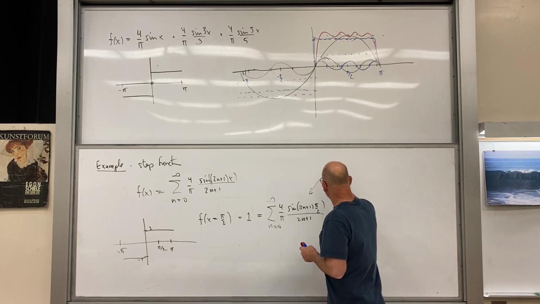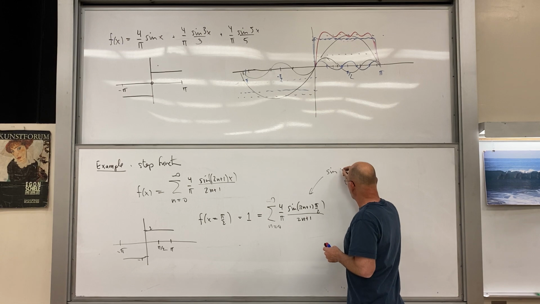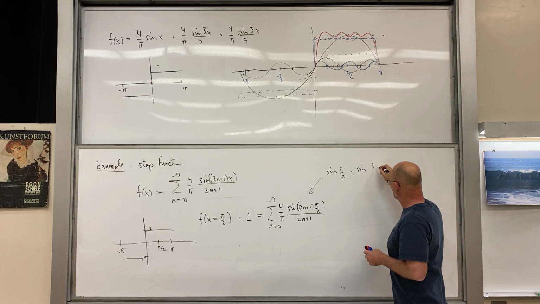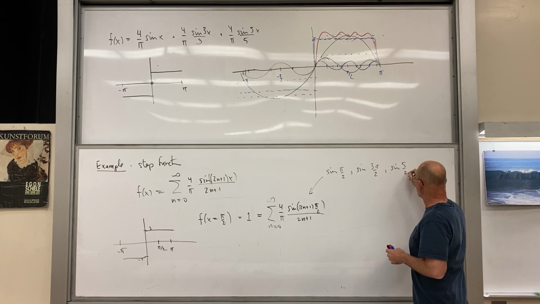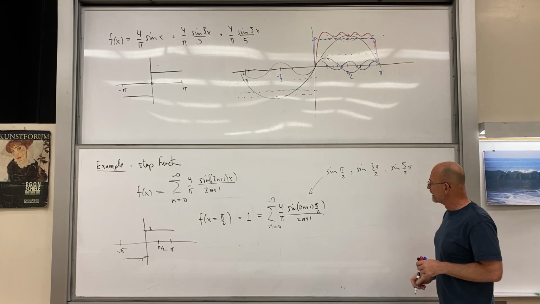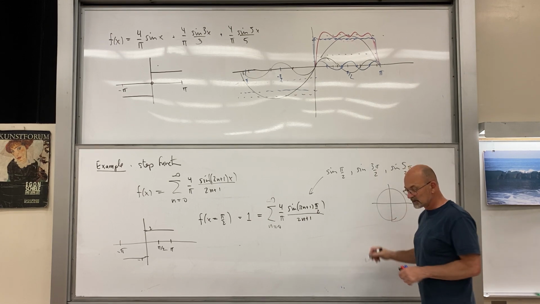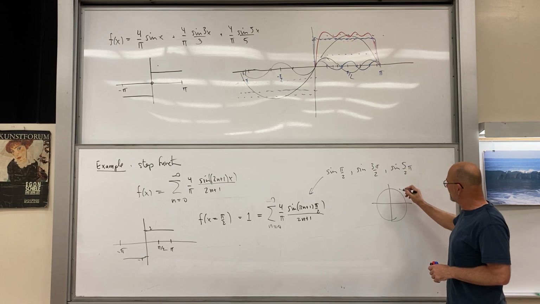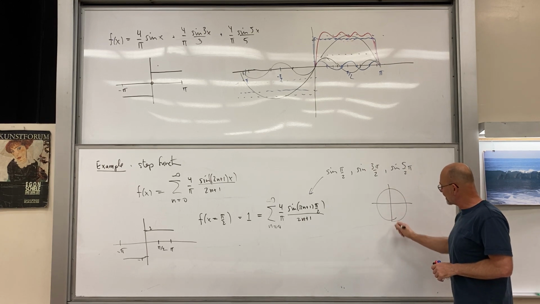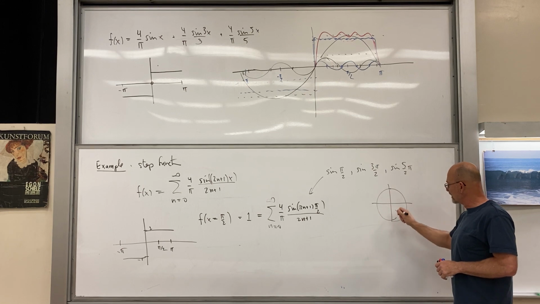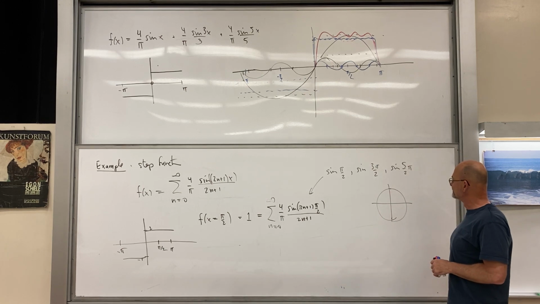This is the sine of pi over 2, sine of 3/2 pi, sine of 5/2 pi, etc. And if we remind ourselves, we could just use the unit circle, it's going to be plus 1, minus 1, plus 1, minus 1, which just alternates plus or minus 1.